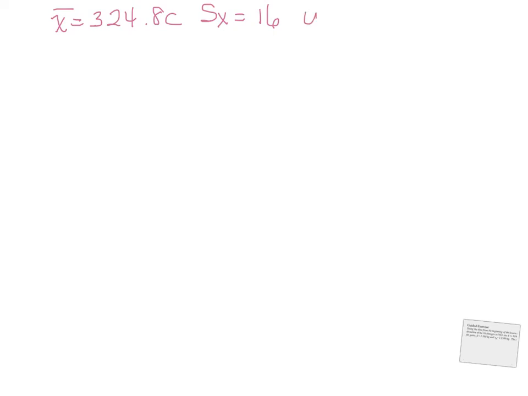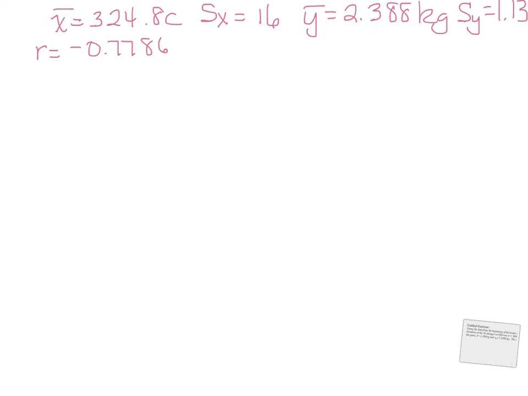Our mean of our fat gain is 388 kilograms. And my standard deviation of y is 1.1389. Now my correlation coefficient for this bit of data is negative 0.7786. So let's find the equation of the least squares regression line for predicting fat gain from NEA change.